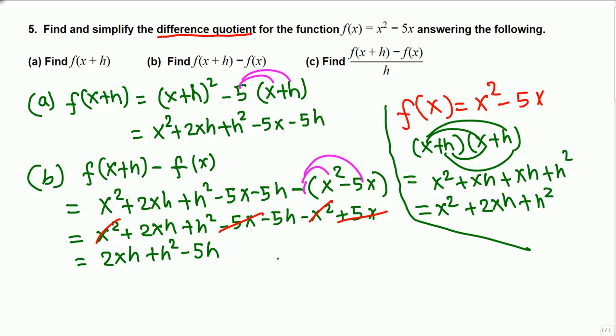In part C, now we want to find the difference quotient. This difference, we just found in part B, we divide by h.